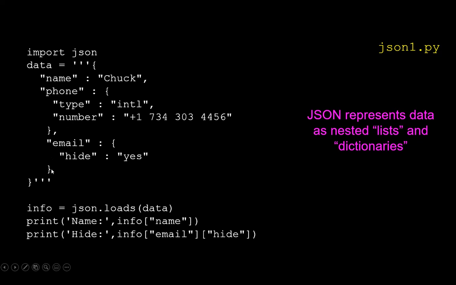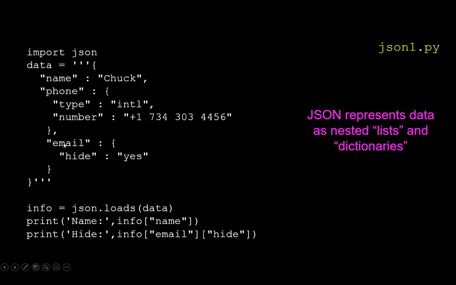So curly brackets represent JSON, and in this case we have name, which is Chuck, phone, which is a nested dictionary in the data dictionary basically, and the type is going to be international, and the number is going to be this.